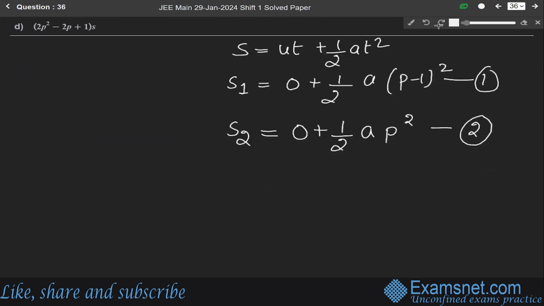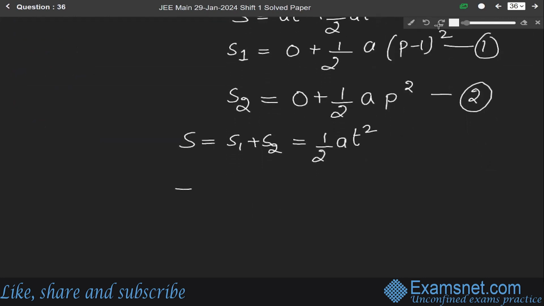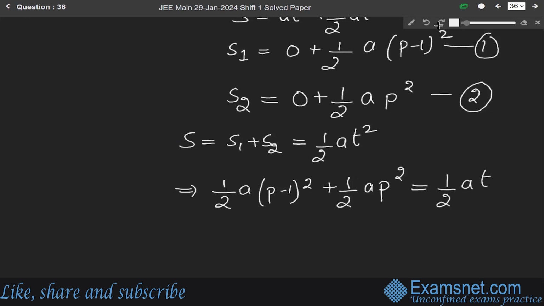It is asking for the displacement S1 plus S2 will be made in time. So final displacement S will be equal to S1 plus S2. It will be equal to half a t square, since initial velocity is 0, since the body is starting at rest. So 1 by 2 a (p minus 1) whole square plus 1 by 2 a p square is equal to 1 by 2 a t square.